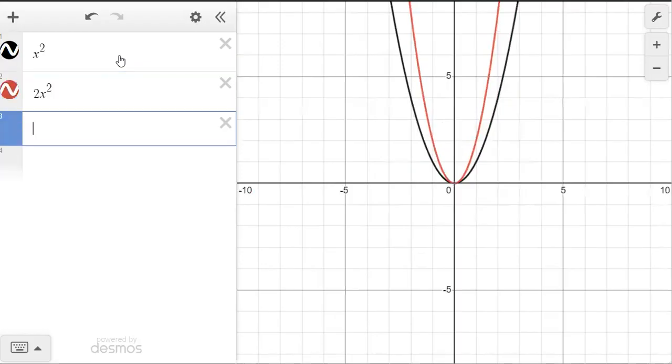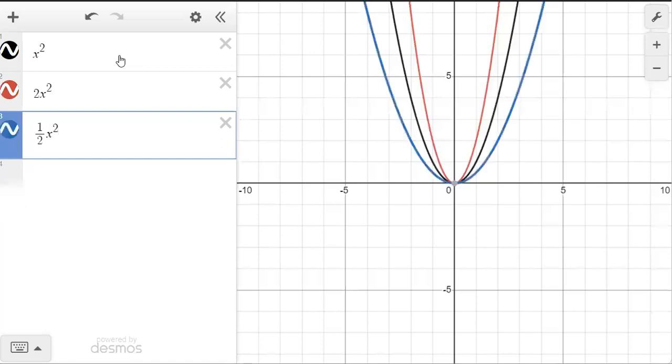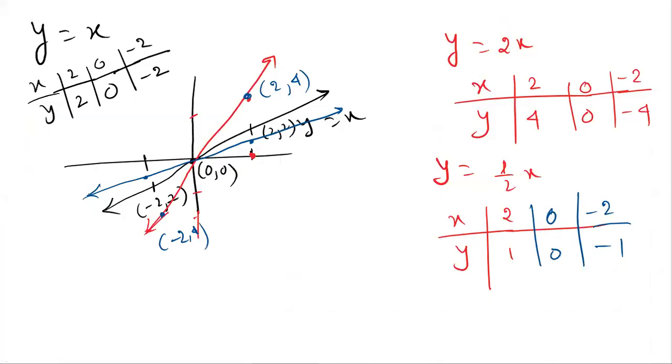If it is 1 by 2 x square, see, the graph is getting contracted or shrunk along the y-axis, right? You can try any other example if you want.